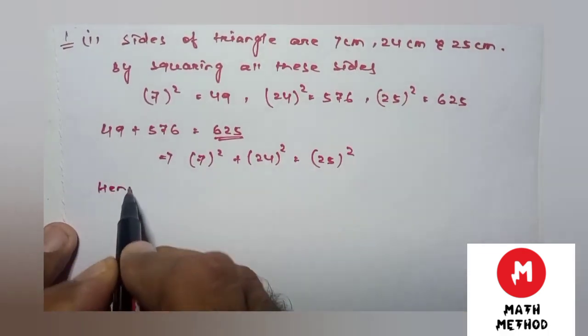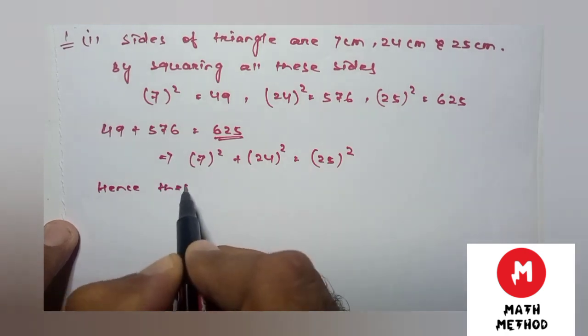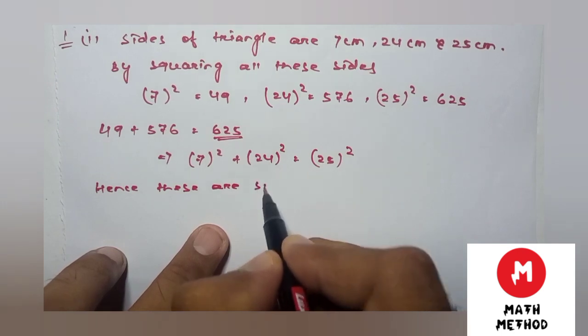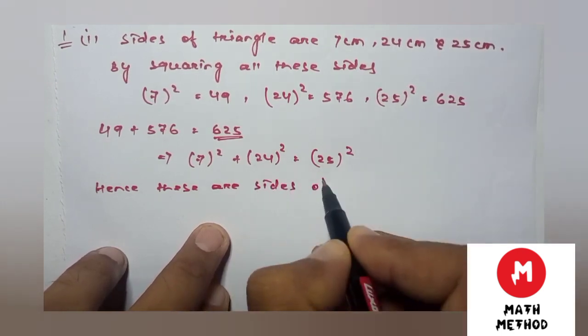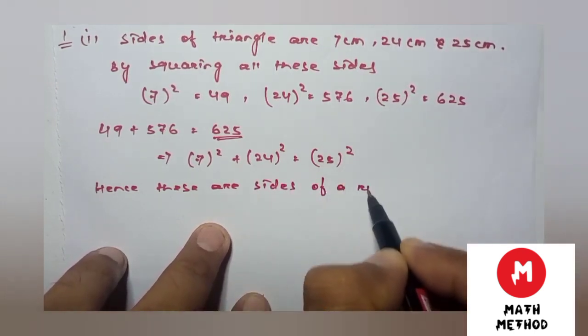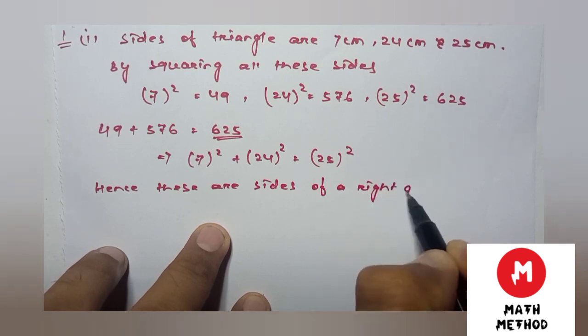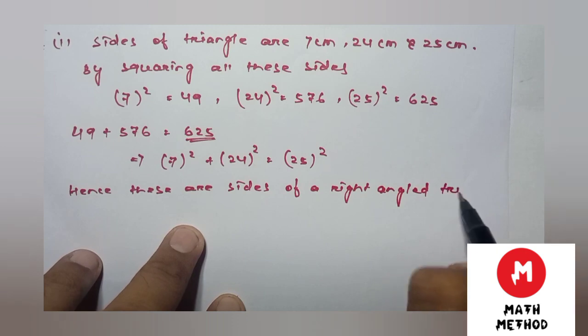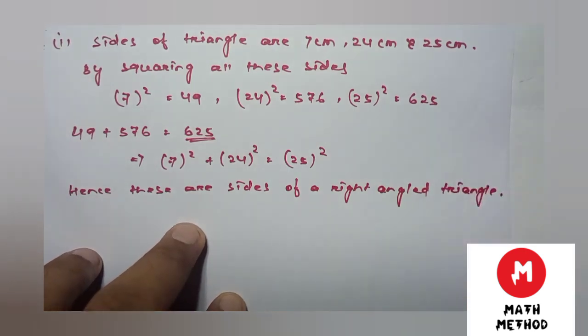Hence these are sides of a right angle triangle. So which one is the hypotenuse? Because in these questions it asks to write the length of its hypotenuse.